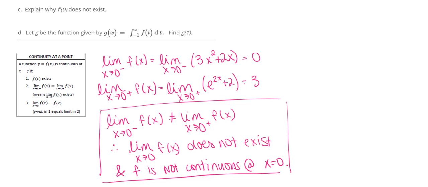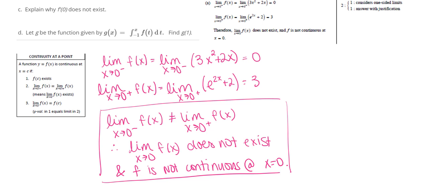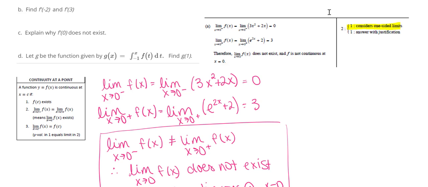Let's check and see how this compares to the scoring guide. When I check the scoring guide, it says that I get 1 point for considering one-sided limits, and then 1 point for the justification, 2 points in total.